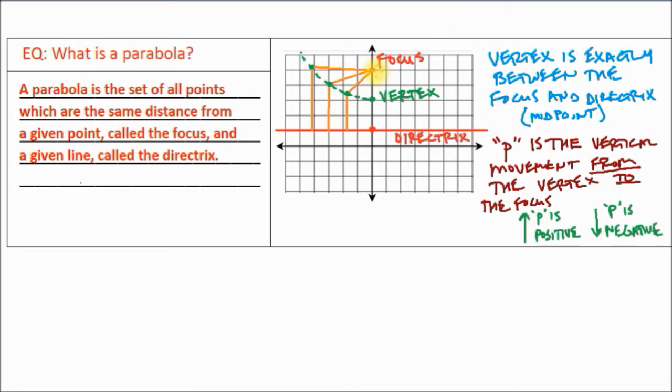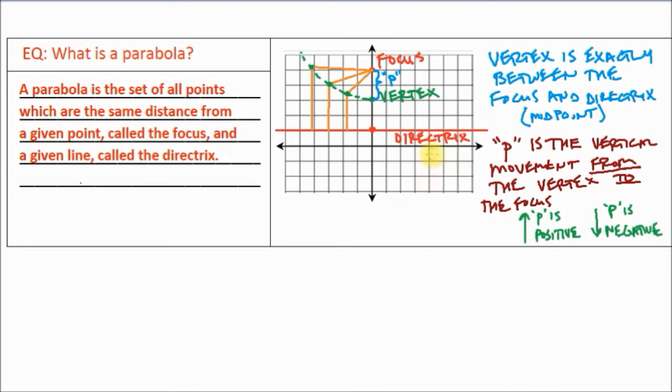This distance here, or this movement from the focus to the vertex, is actually the value of P. Let's put that in parentheses. There we go.